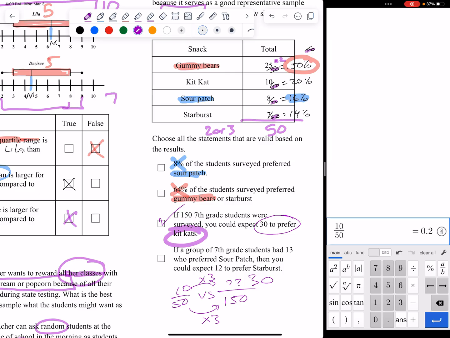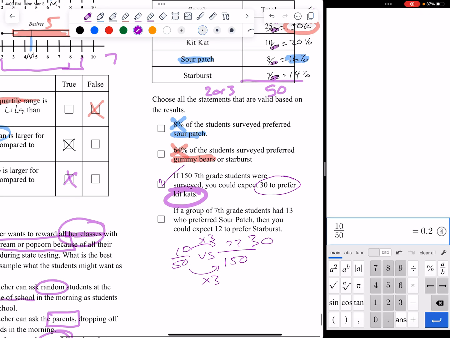And my last one. If a group of 7th grade students had 13, and again, I assume this one's got to be it, right? So let's see, if a group of 7th grade students had 13 who preferred Sour Patch, okay, let me highlight. I like my colors here.